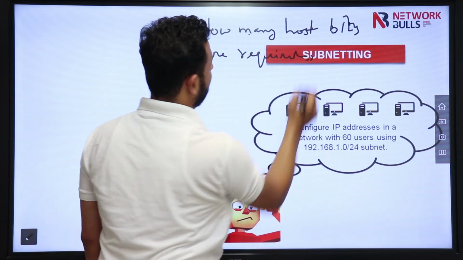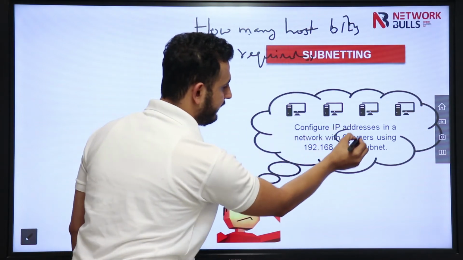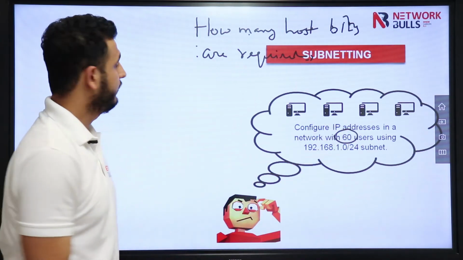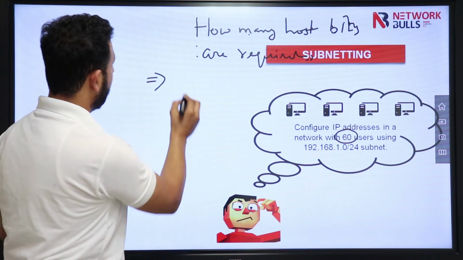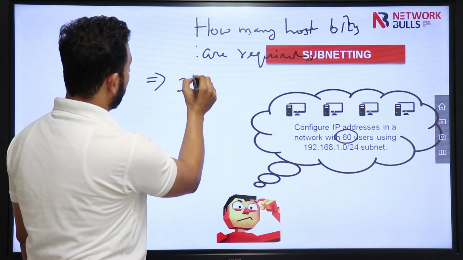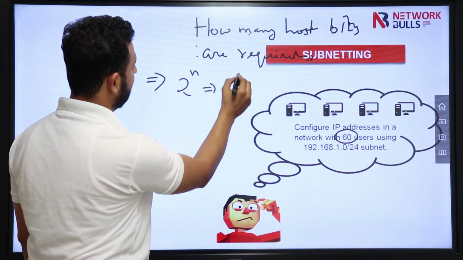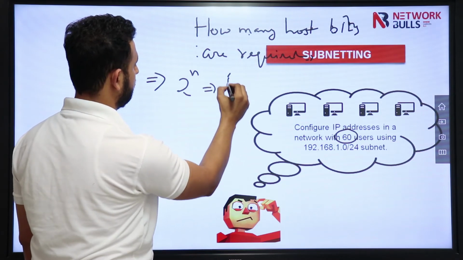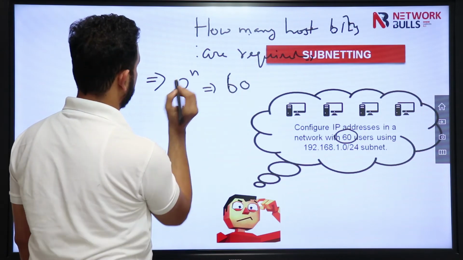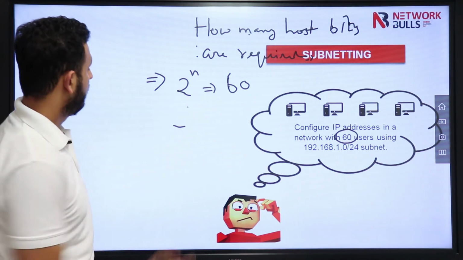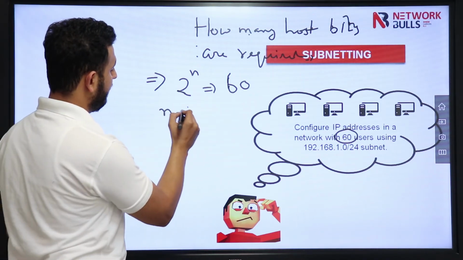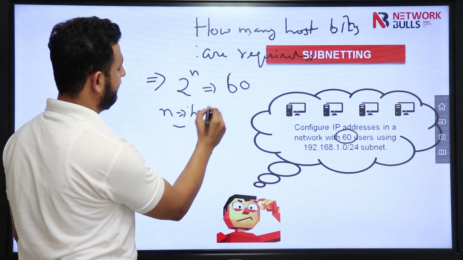So the question is, how many hosts we have? 60. 60 hosts means, if you can understand the formula, it is 2 to the power n is equal to 60. So, n will be the number of host bits.